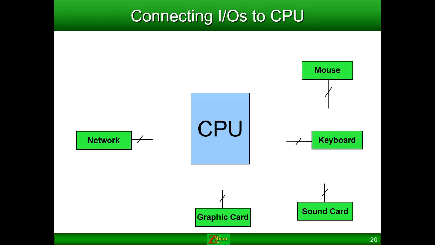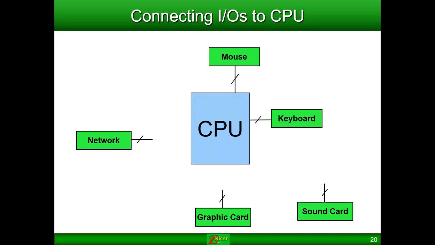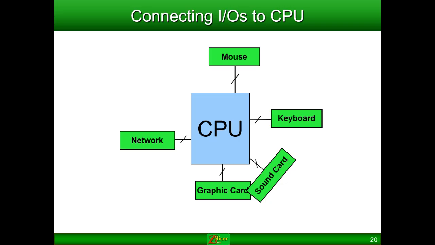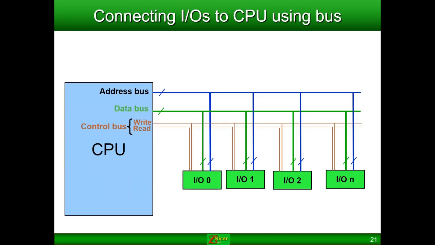It has to be placed on the motherboard, and then there are ports which are connected to our CPU, and that's how they are connected. So this is a simple animation. CPU should have lots of pins, and it does have a lot of pins. So here we have our connecting input and output to CPU using buses.